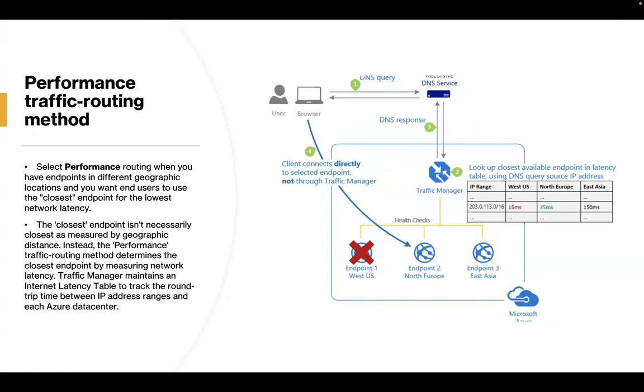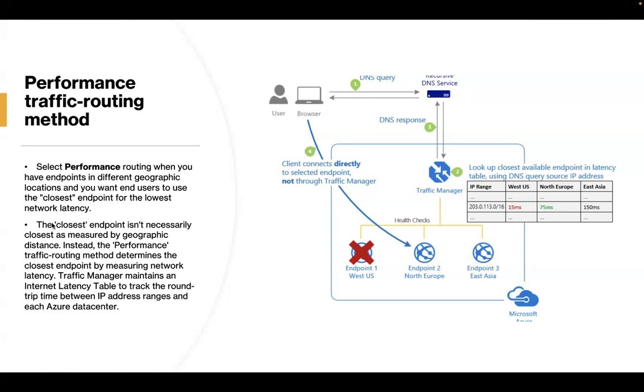We choose different endpoints in different geographical locations, like the example I showed earlier, contoso.com. The users are across the world, and you have application endpoints, one in US, one in Europe, one in Asia.